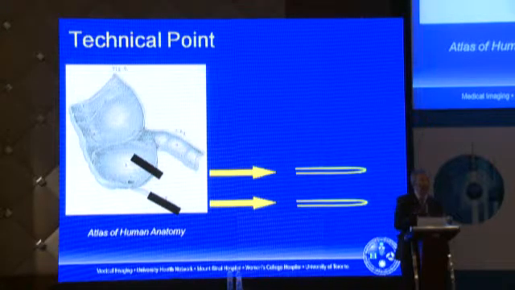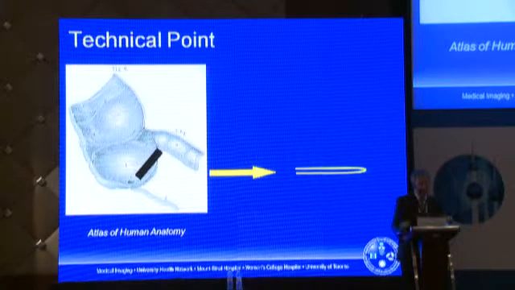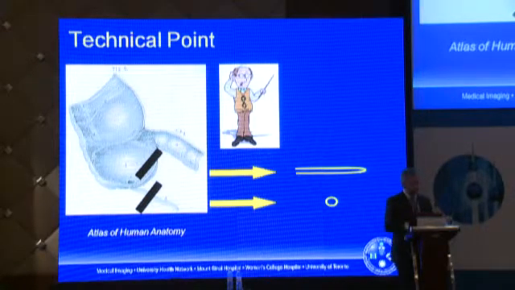So you can't rely on that sagittal image diagnosing an appendix. You then have to scan at right angles, and if I scan the first image at right angles, I'll still get what looks like a sagittal view of the appendix. Whereas if I'm scanning the appendix in transverse, I'll get the little donut.